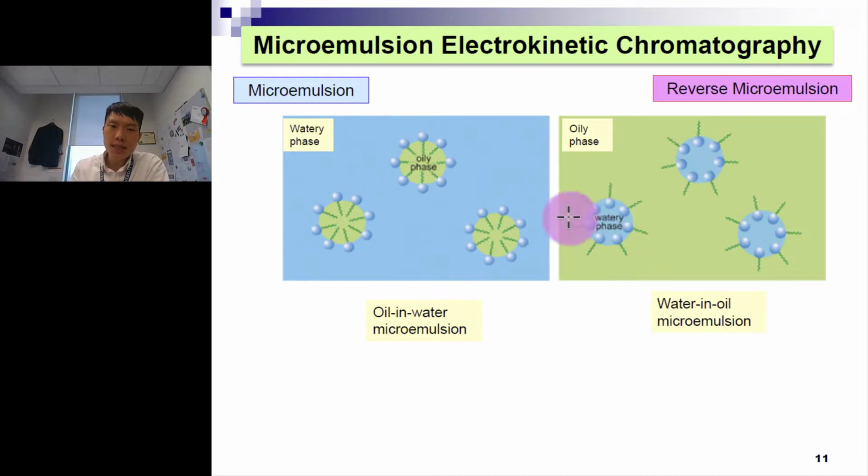Because the bulk phase is oily and hydrophobic, the tail will interact better outwards, but the hydrophilic head will face inwards. So what you see is still a droplet, but it depends on the environment. It will just change to adapt. On the right-hand side, this is called the reverse microemulsion. The left is the normal microemulsion.